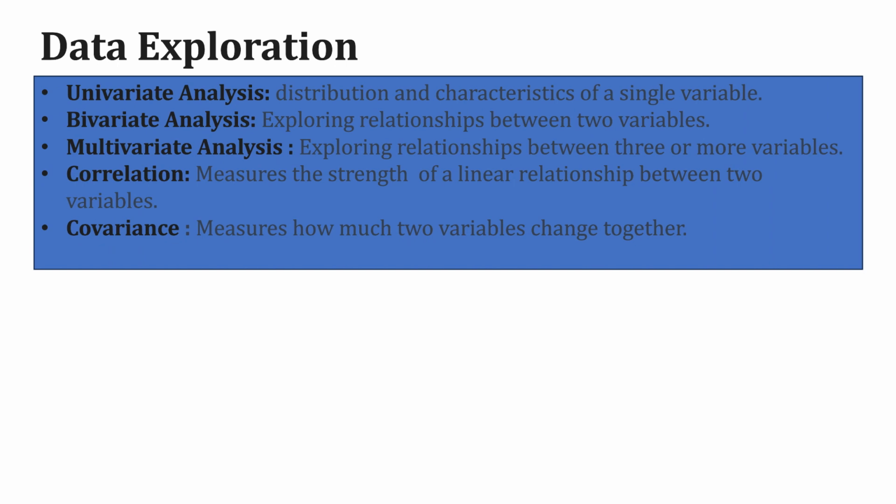And the fourth one is correlation. Correlation measures the strength of a linear relationship between variables. Let's say for example we take date and time as one variable, and in the other variable you have the incident count, and one more variable you have the category.